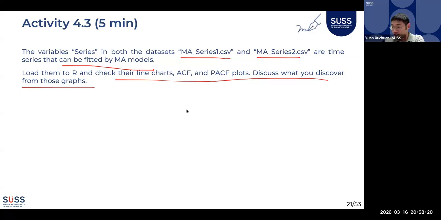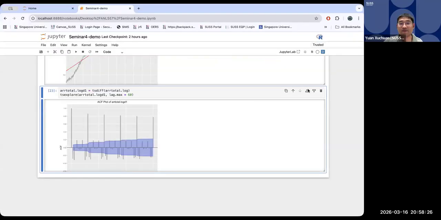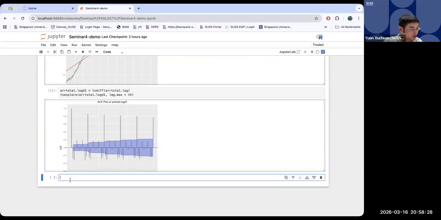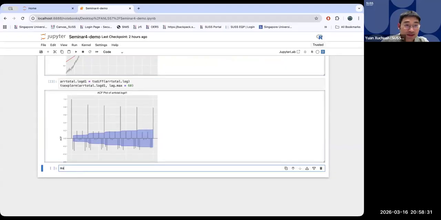To save time, I need to be faster. So let me import the data. MA1. So these are the MA series, series 1.